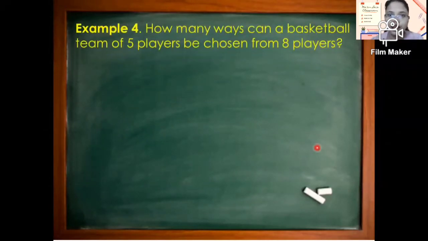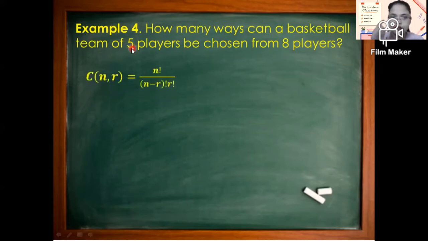Example number 4, how many ways can a basketball team of 5 players be chosen from 8 players? So for this given problem, identify muna natin, alin dito yung N at alin yung R. Alam naman natin na ang N is always the biggest number na makikita natin sa problem in permutation and in combination. So automatic, 8 is your N and R is 5.